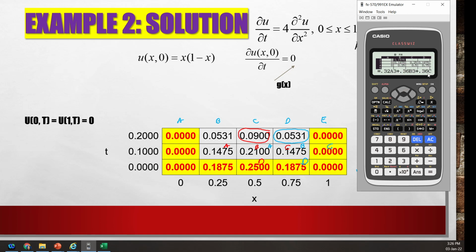To see the formula, options. No, this one. Okay, edit cell. Okay, see the formula 0.32A3 plus 0.36B3 plus C3, correct?